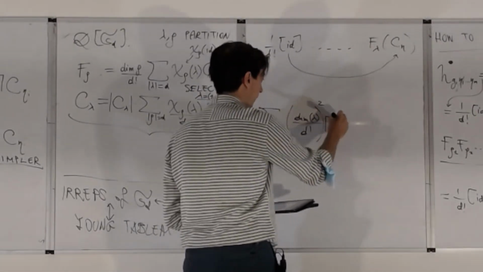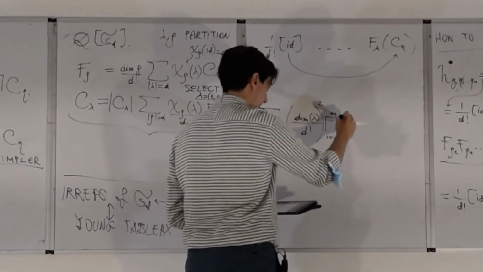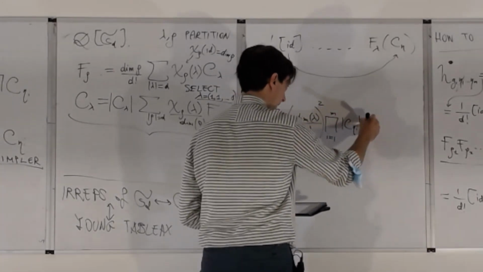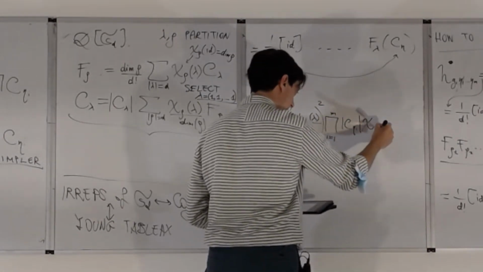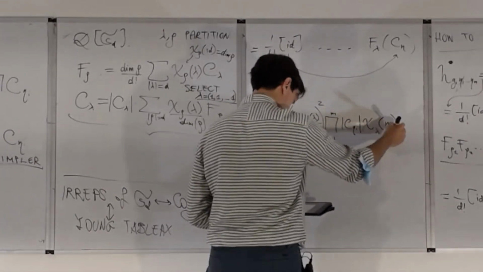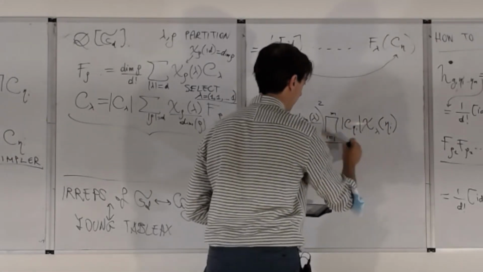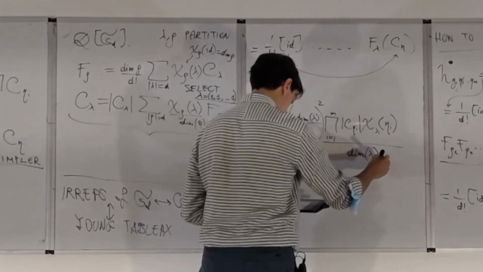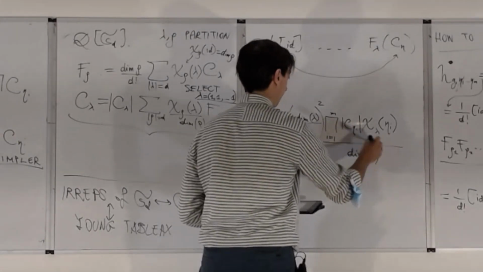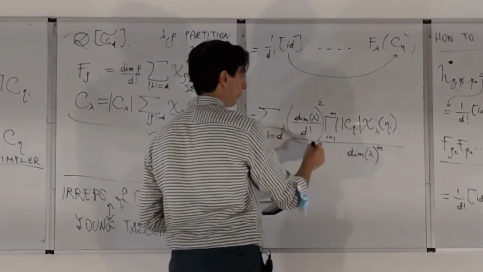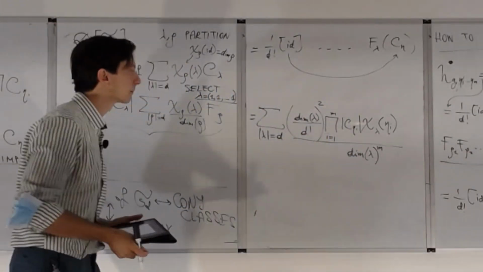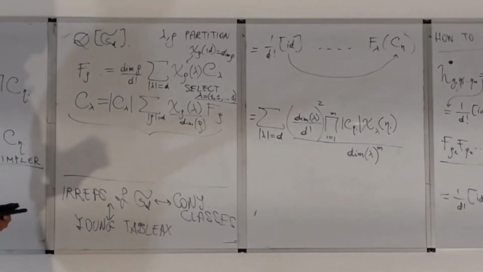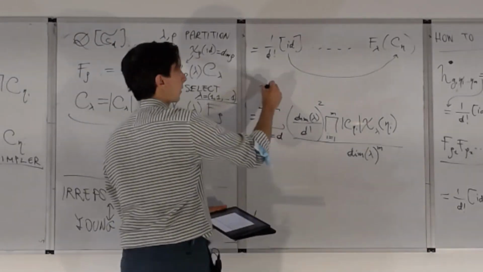Here you have the product I from 1 to m, c, eta I, chi lambda of eta I. And here you can divide by the dimension of lambda to the power m, if you take it outside of the product. So that's what people call Frobenius formula.